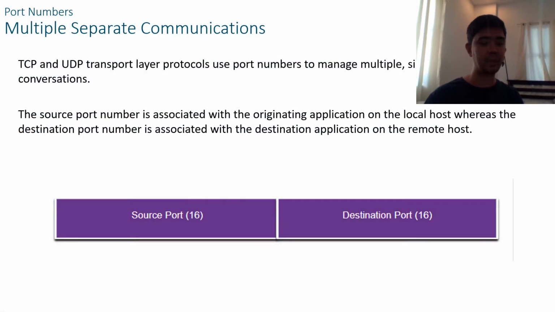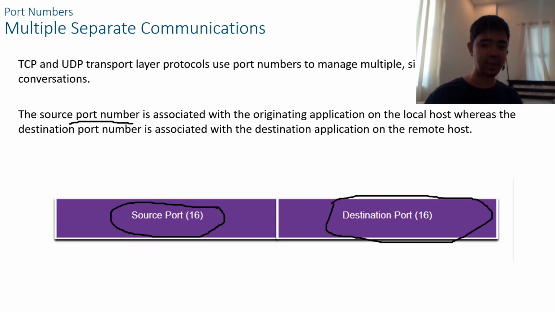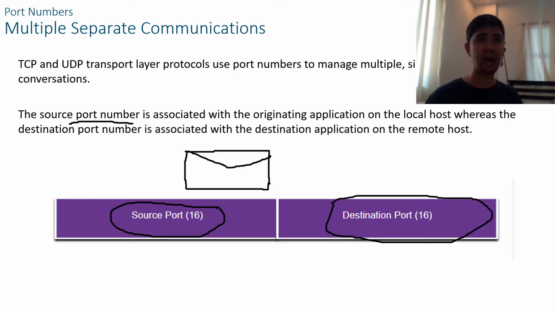And then the port numbers. Again, port numbers are the numbers that identify the application. This one identifies the session, and this one identifies the application layer. Okay, an analogy for the port number is like this. Port number is added information. It's like an envelope, and sometimes there is an envelope appropriate to the letter.